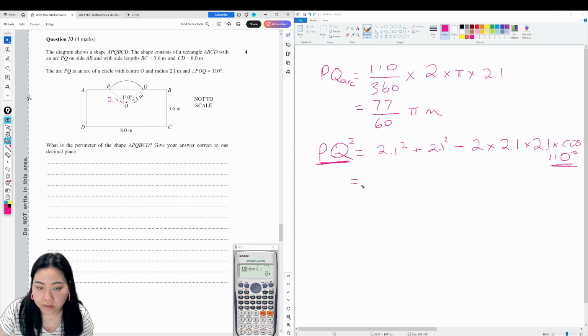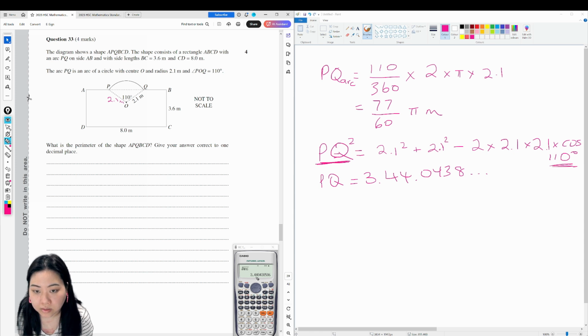Then let's find out what that is. 2.1 squared plus 2.1 squared minus 2 times 2.1 times 2.1 times cos 110. Then I'm going to square root this. 3.440438 ... And now we can find these two lengths, which will be 8 minus this one.